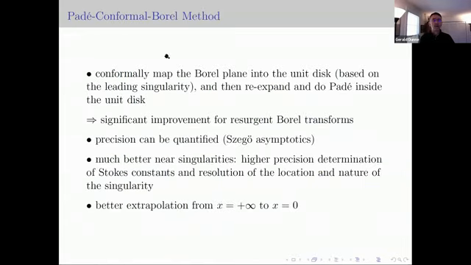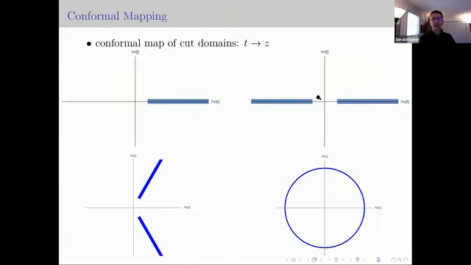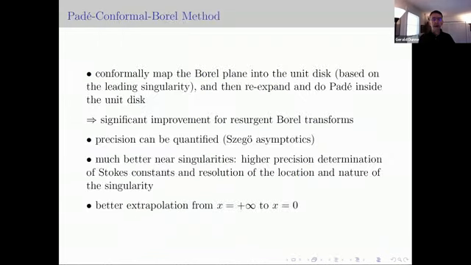So the idea, I'll call this a Pade conformal Borel method, is that you first do Pade and you get some idea of what you think is the singularity structure in the Borel plane. And then you go back and you take your original problem and you make a conformal map into the unit disk, re-expand inside the unit disk, because now if you made your conformal map based on the radius of convergence corresponding to the leading singularity, then it will be convergent inside the disk.